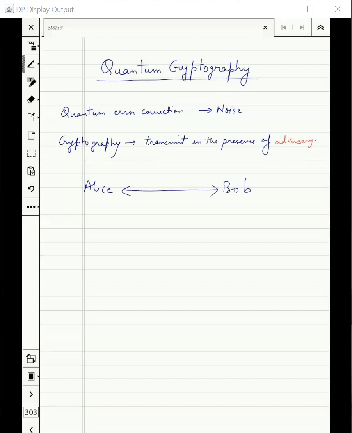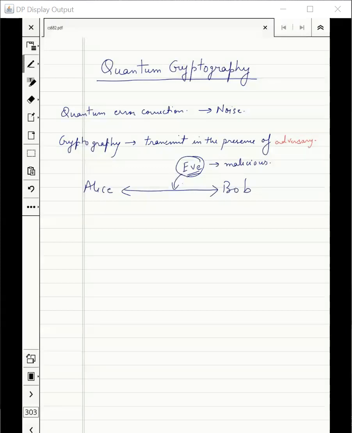Unfortunately, there is a person sitting here, and generally the person is called Eve. The problem is Eve is malicious. And Alice and Bob want to make sure that whatever message they pass is not intercepted by Eve. Eve doesn't understand what is the message sent from Alice.